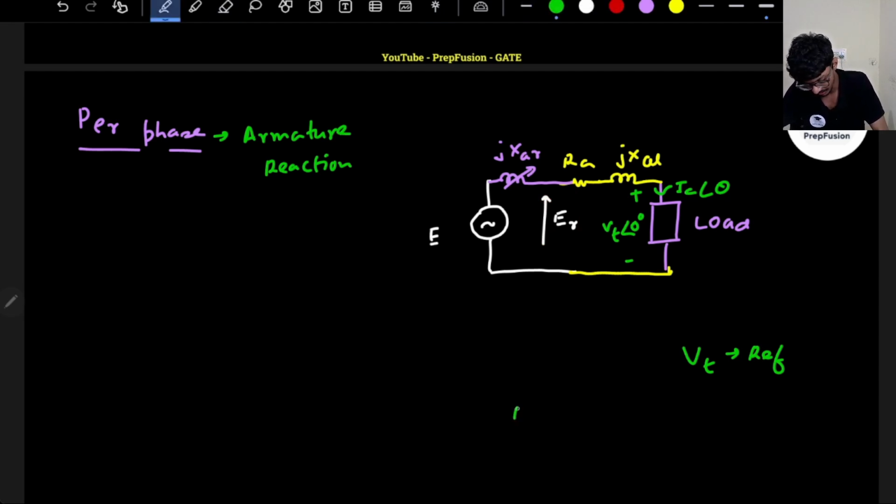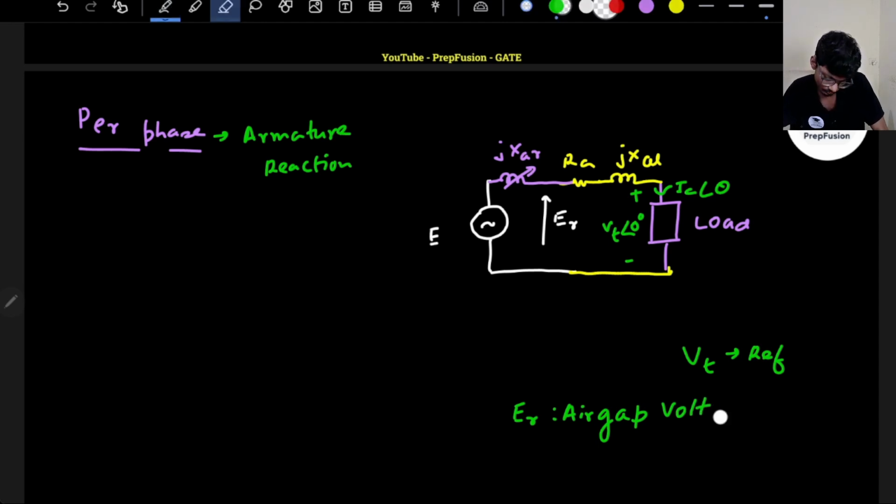All of this has been defined. So this is also known as the air gap voltage.